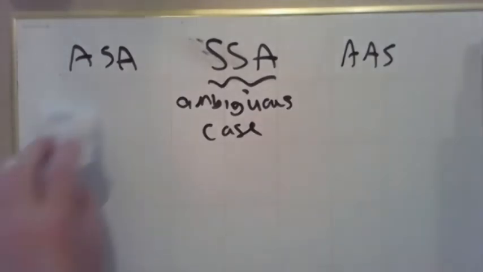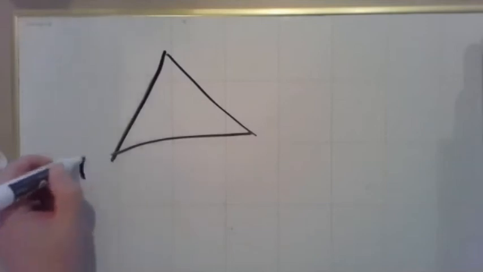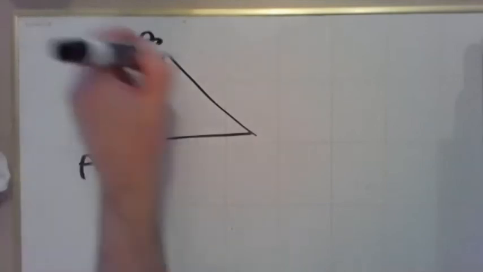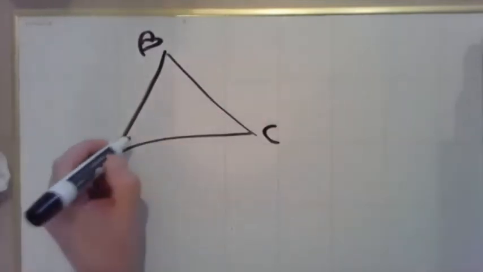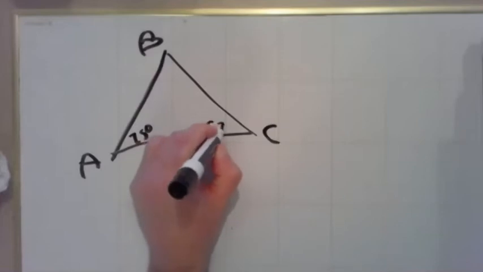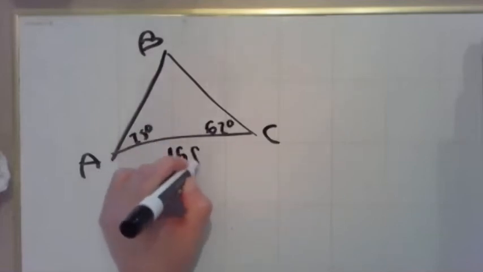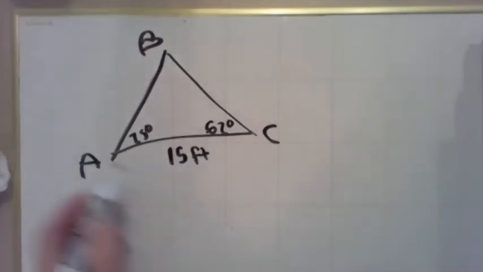Okay, so we're going to start with one of those. We'll do an angle, side, angle. So let's say we're given 25 degrees, 62 degrees, and 15 feet. So let's see what we know.